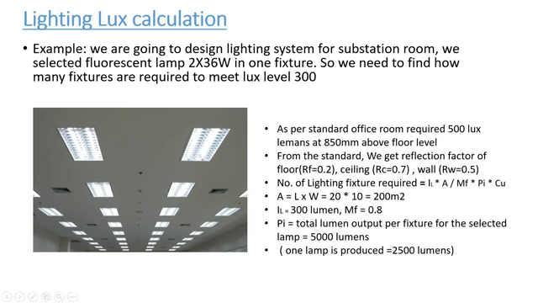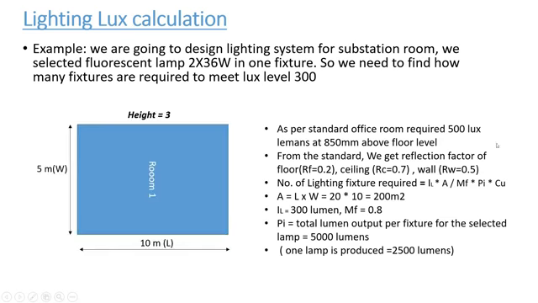All of these I am going to find here. These are the given data. The substation lighting level is 300 lux at 850 mm above the floor level, and from the standard I got the reflection factors: floor 0.2, ceiling 0.7, wall 0.5. It's given in the standard.